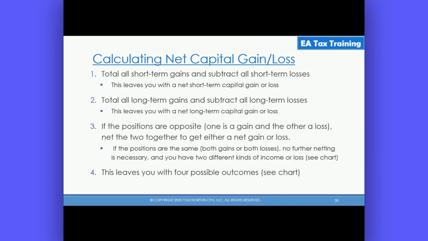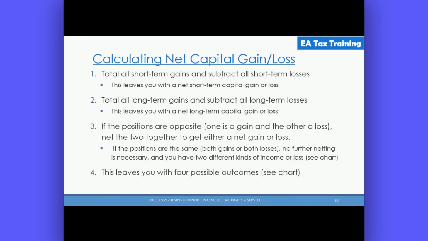First thing you do is you total all of your short-term gains and you subtract all of your short-term losses. And this leaves you with a net short-term capital gain or loss. Then you're going to total all your long-term gains and subtract all your long-term losses, which leaves you with a net long-term capital gain or loss.